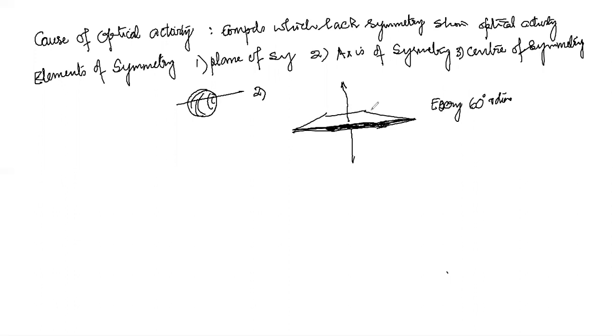So 6 times you can rotate. When you rotate, you will see the original molecule. That 6 is C6.